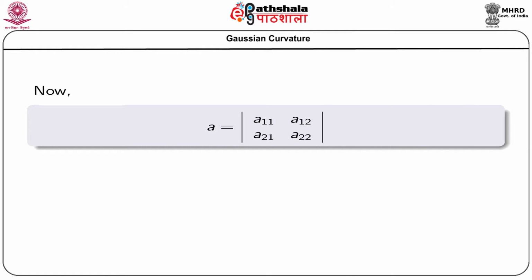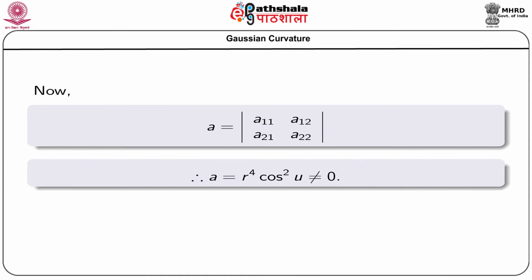And the value of A, which is the determinant of Aij, that means a 2 cross 2 determinant A11, A12, A21, A22, is coming r to the power 4 cos square u, and this is not equal to 0 obviously.